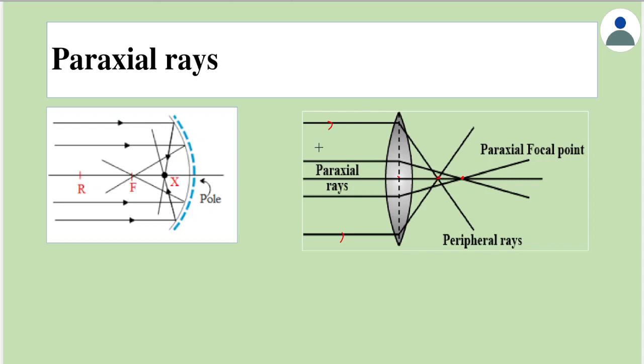So as the light rays are away from the principal axis, we get different focus points. To avoid this confusion, we take only those rays which are very close to the principal axis. These are called paraxial rays.